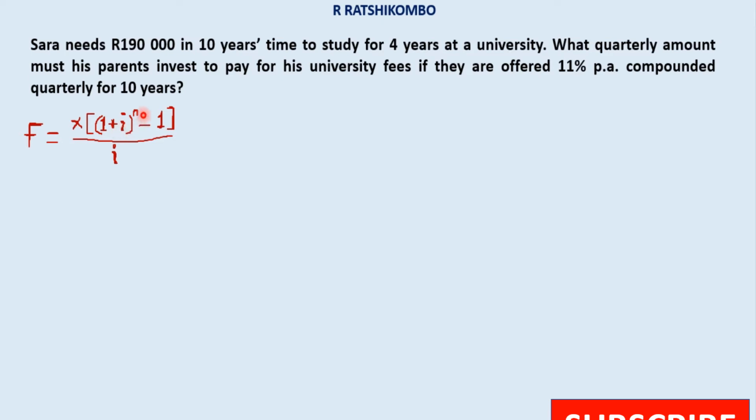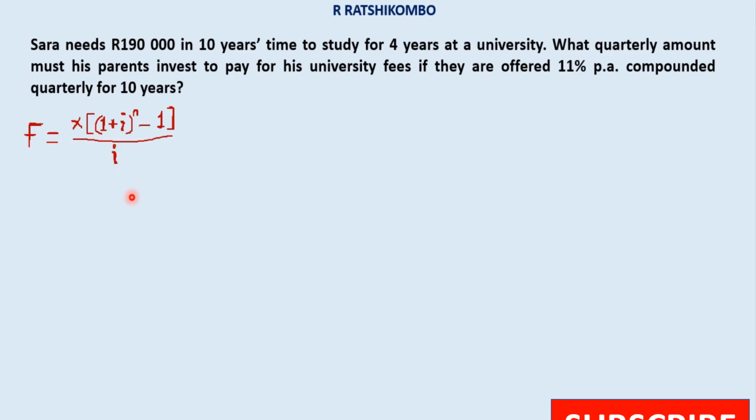In this case, we multiply n by 4 because it's quarterly, which means the value of I will be divided by 4. If it was half yearly, we multiply n by 2 and divide I by 2. So without any waste of time, let's proceed to solve the question.